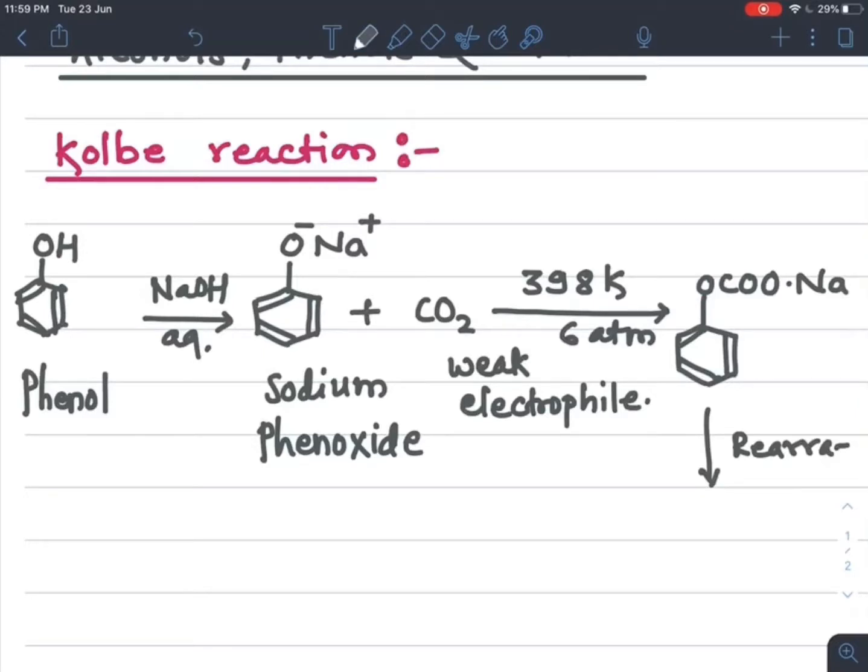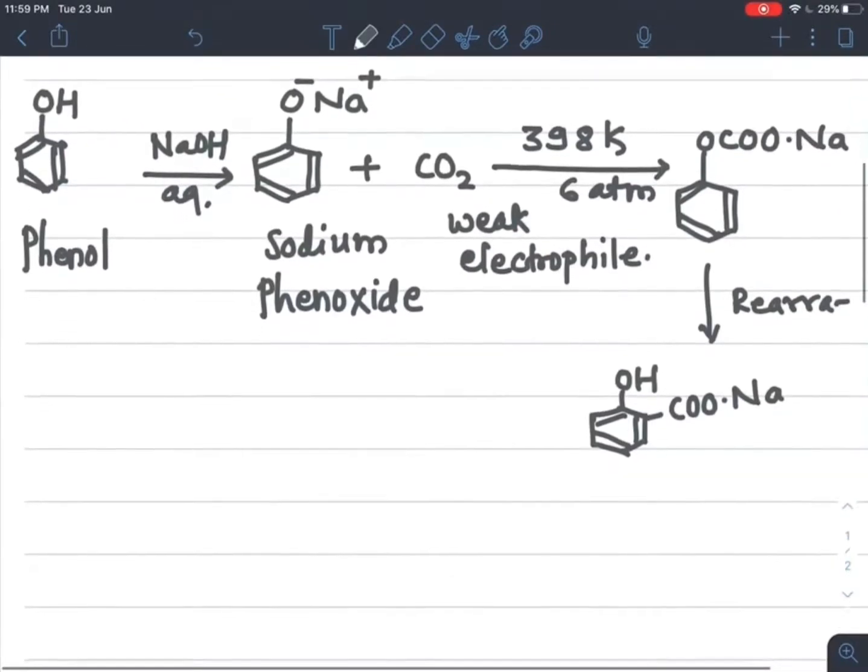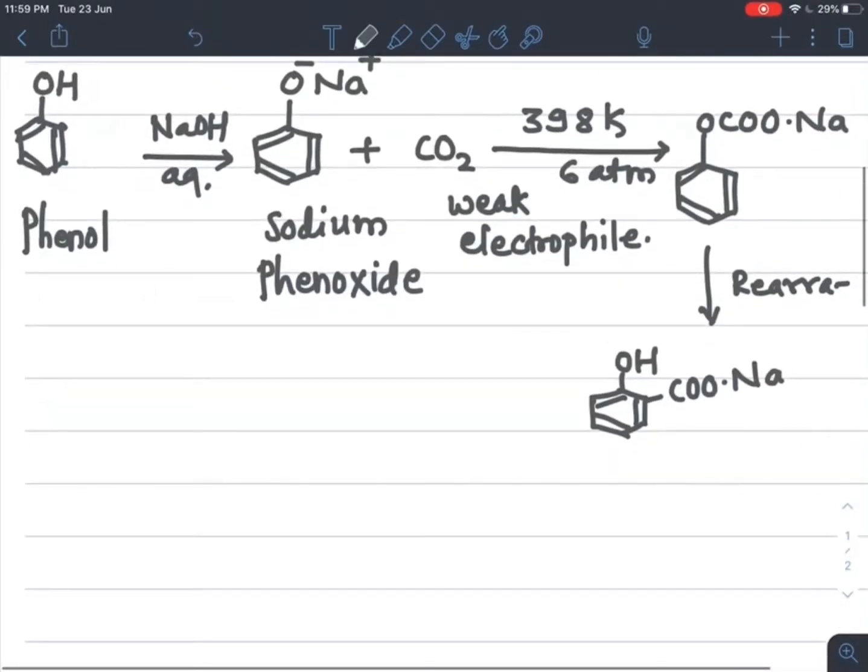So we get the product: OH attached to the benzene ring with alternate double single bonds as they are, and COONa substituted at the ortho position, that is, the position adjacent to the OH group.